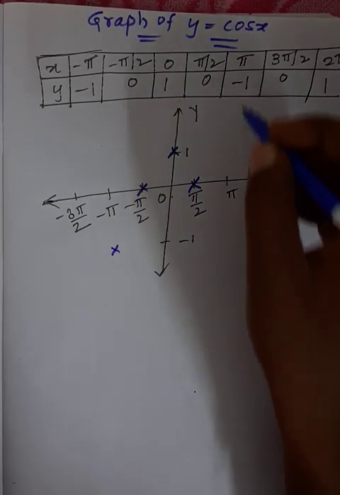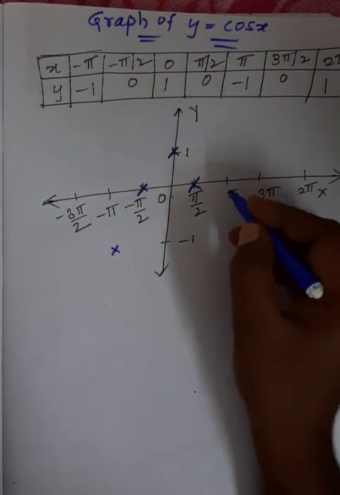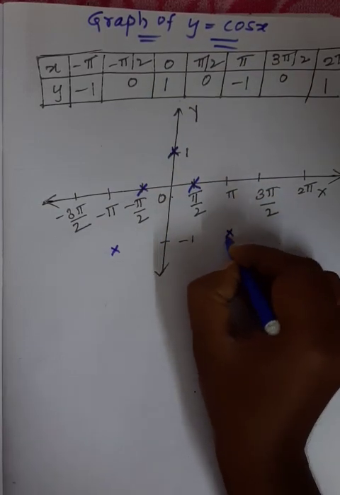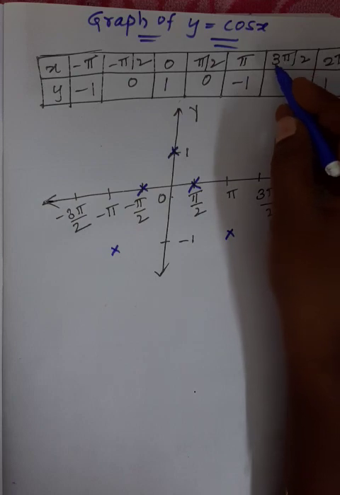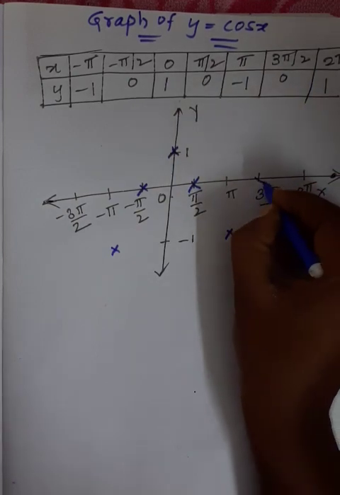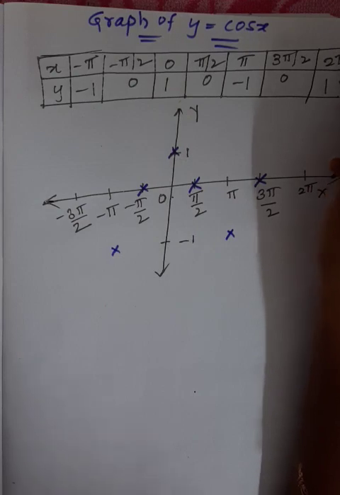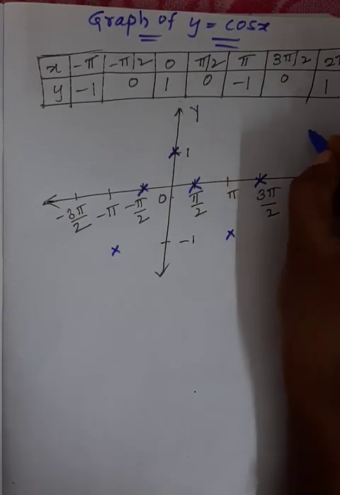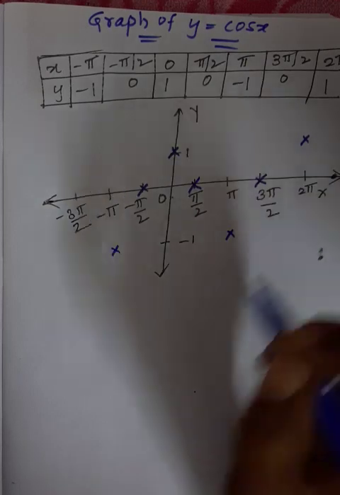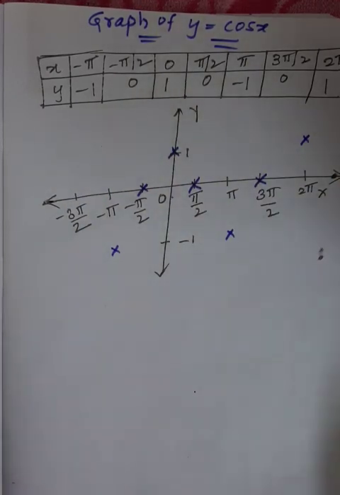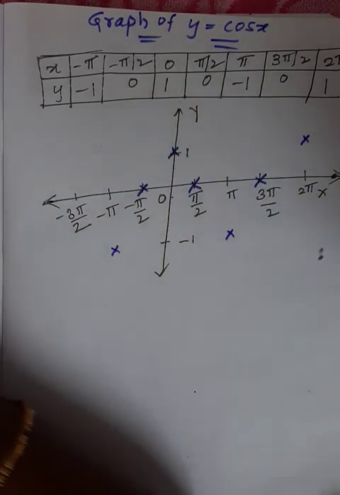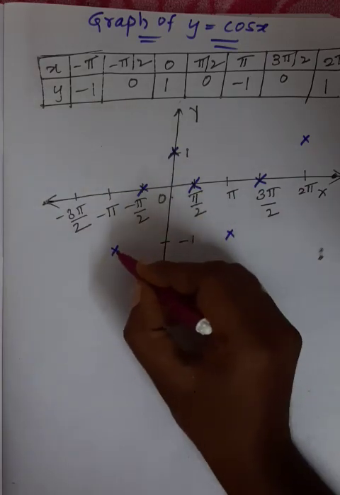Next, our fifth point is pi comma minus 1. Next, the sixth point is 3 pi by 2 comma 0. Next, our last point is 2 pi comma 1. Then we have to draw the curve, so like this.